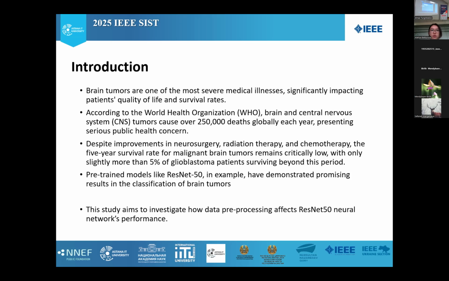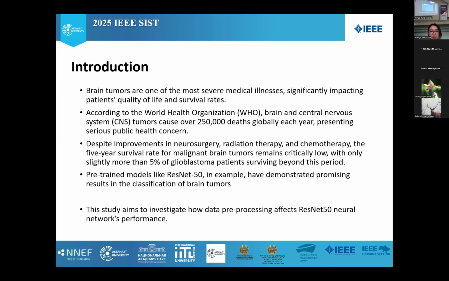In response to these challenges, our research addresses the potential of machine learning models, specifically focusing on the ResNet 50 neural network, to improve accuracy and reliability of brain tumor classification from MRI images.